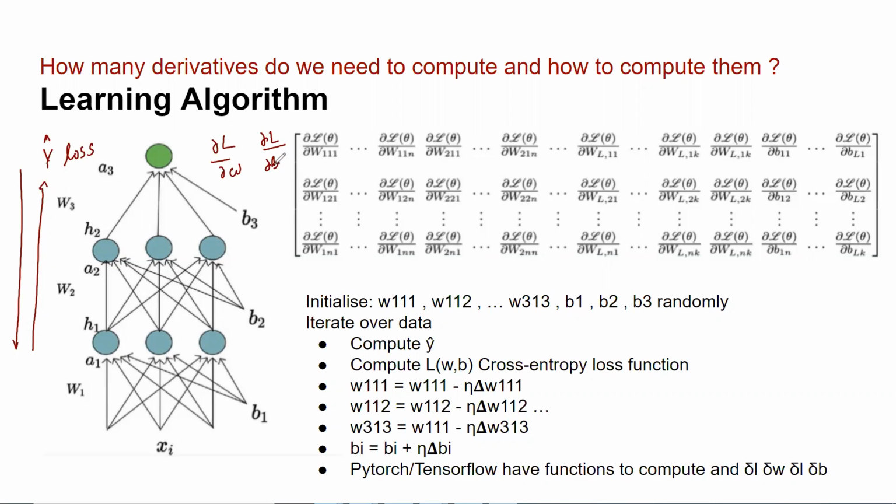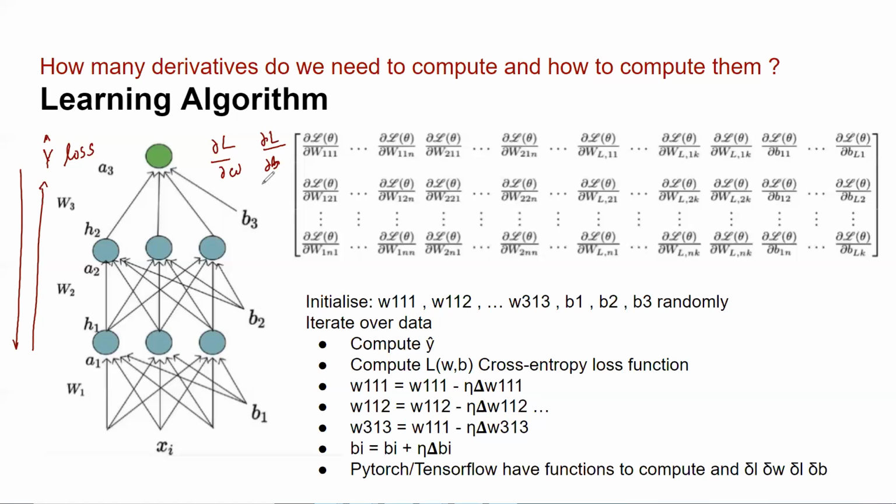Once we compute these, we update all the weights and biases, the way we did in the case of the sigmoid neuron. This is a general high-level understanding of computing the weights and biases, right? We are all clear up to this point.